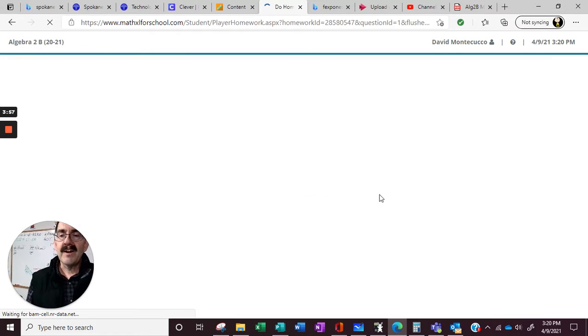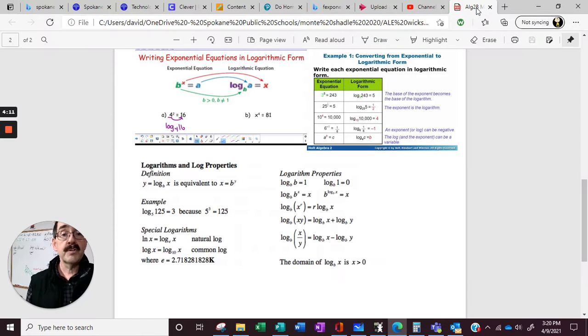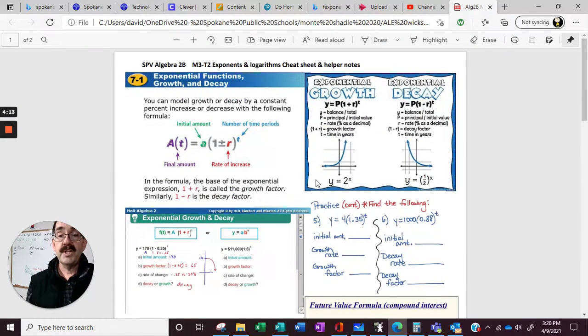Our first problem is, is this growth or decay? Does this represent growth or decay? Some of you might know, some of you might not. You can Google it, or you can look at our cheat sheet. Our cheat sheet shows if it's greater than 1, it's growth. If it's less than 1, it's decay.